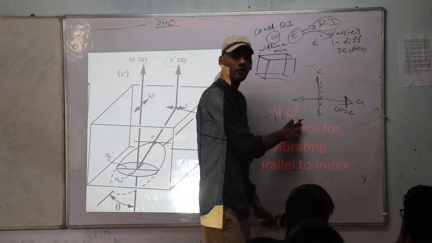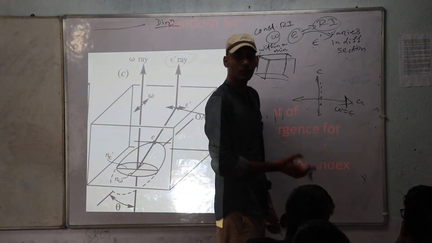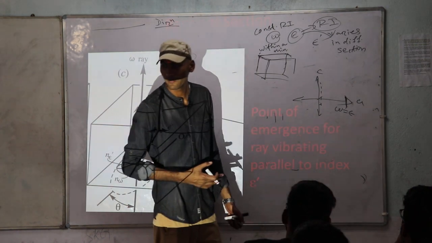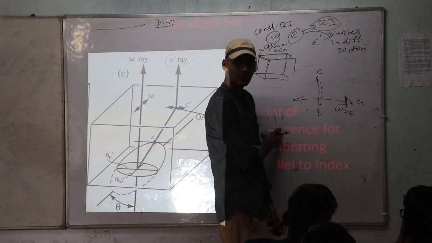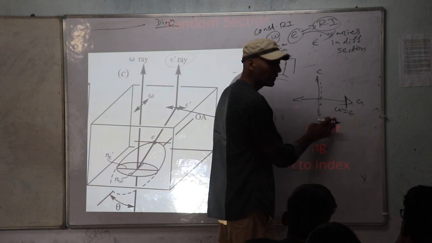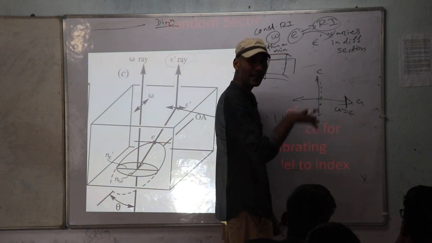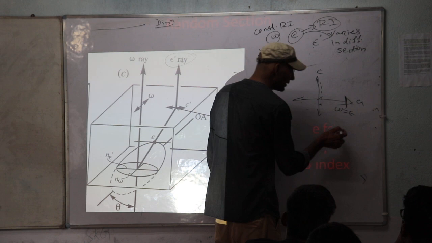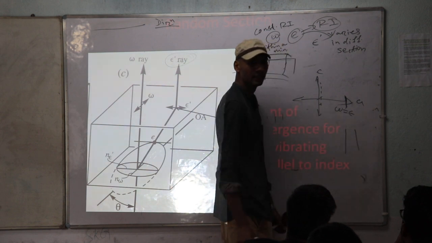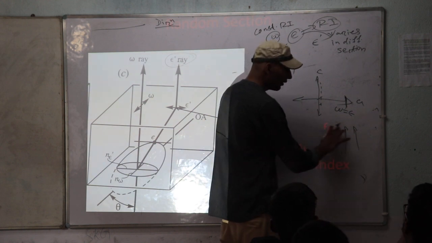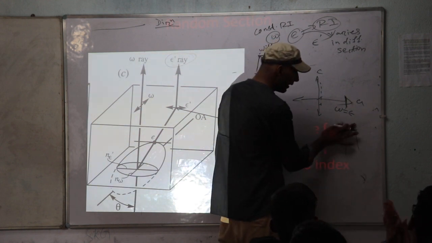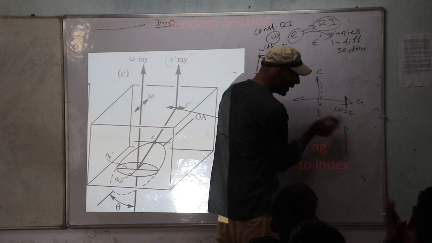That means there will be no double refraction. What do you mean by no double refraction? They will split up into two rays, that is anisotropic mineral, but both of them are lying in the same position. That means there will be no retardation. If O ray is here, E ray is here, they will have the same retardation and they will travel in the same path.